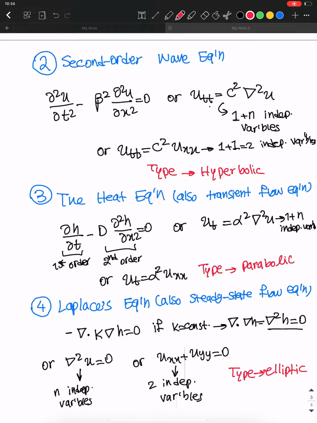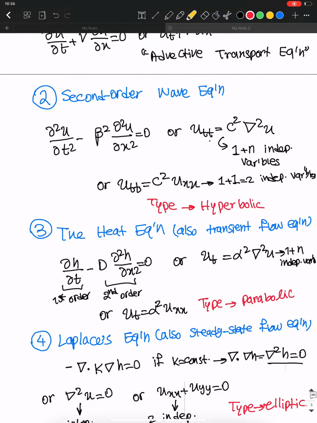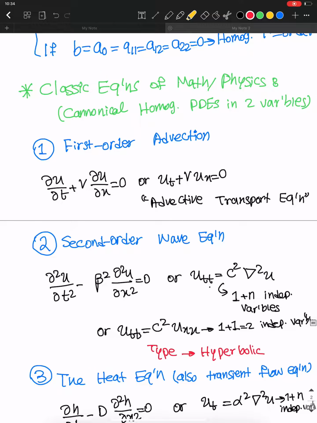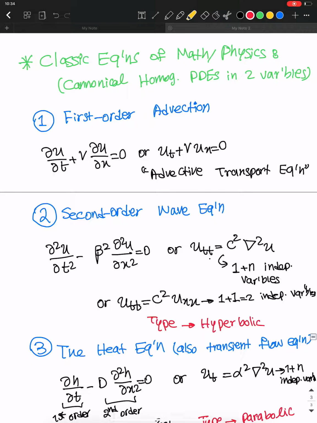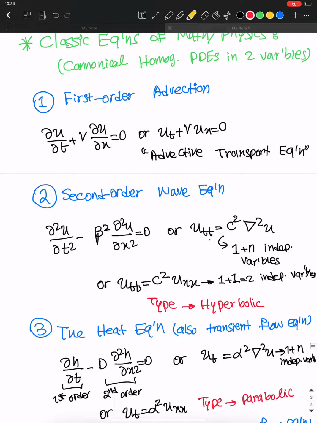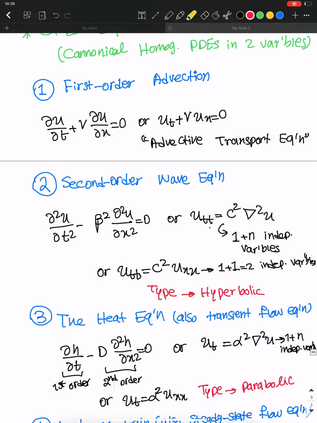Again, I'm going to come back to what these three types mean when I talk about the method of characteristics. So these are four canonical homogeneous PDEs in two variables, and these are very important for you to know. First, the first order advection equation, also known as the advective transport equation.